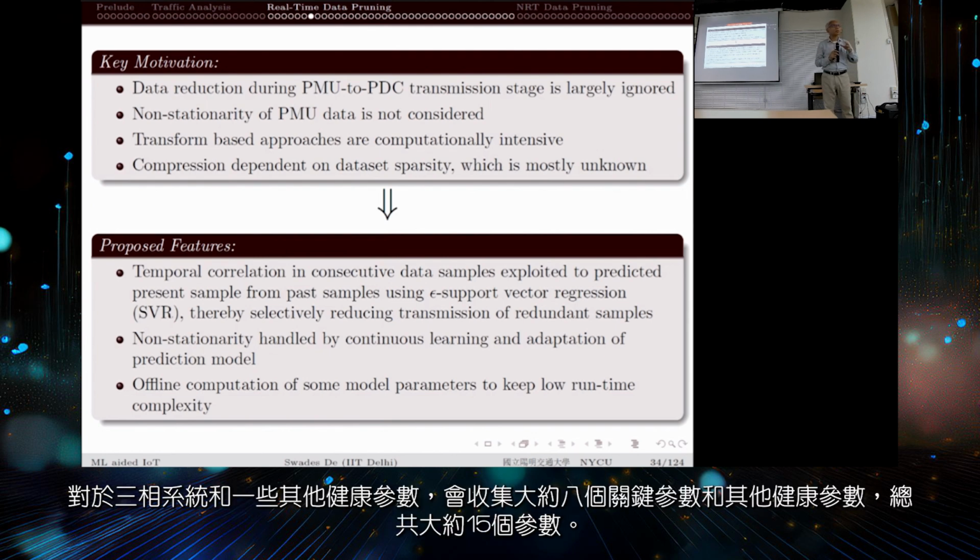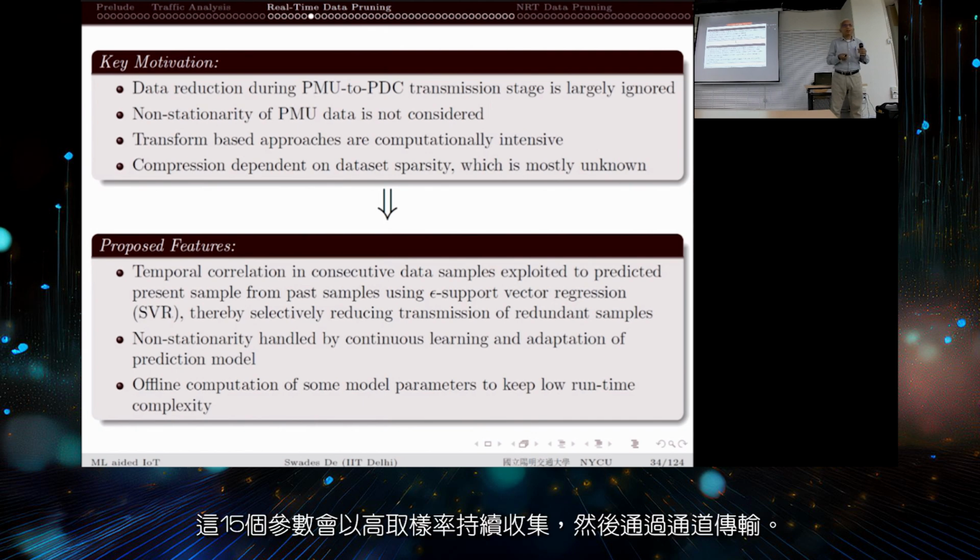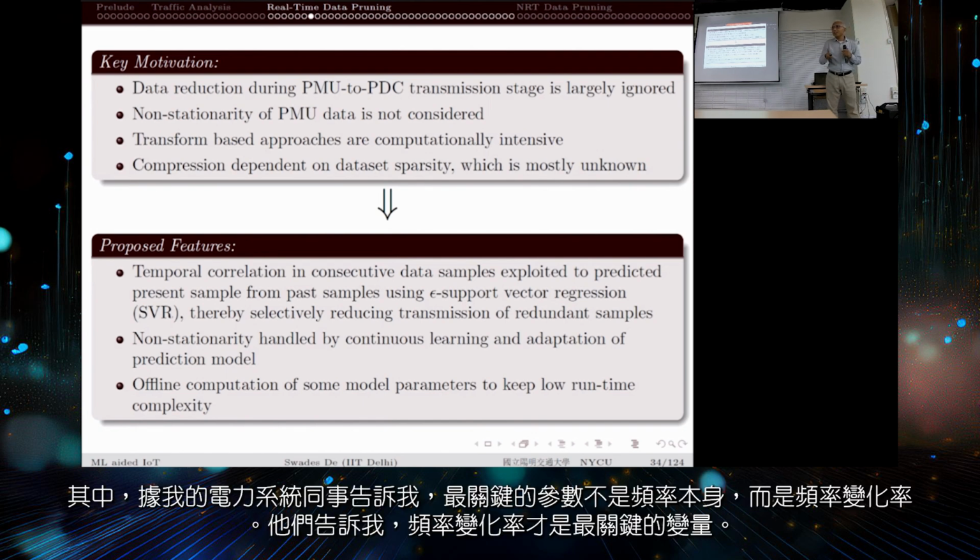In total, some 8 critical parameters and some other health parameters, 15 parameters in total. These 15 parameters are collected continuously at a high sampling rate and then transmitted over the channel. Out of them, apparently the rate of change of frequency is the most critical parameter.